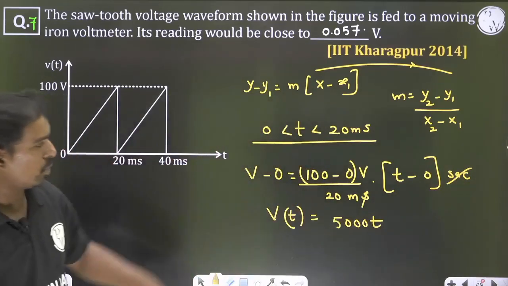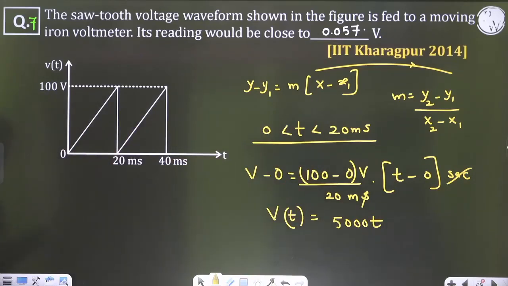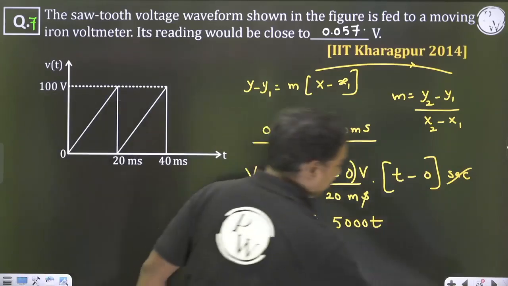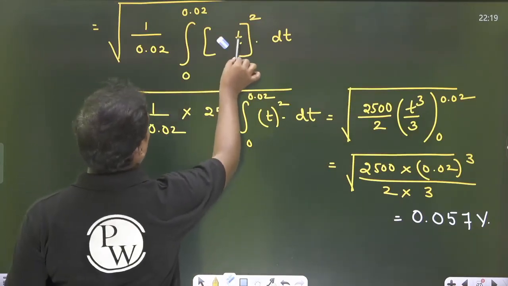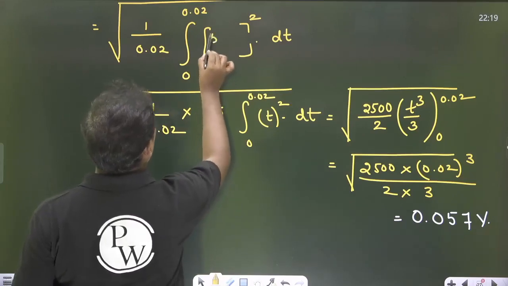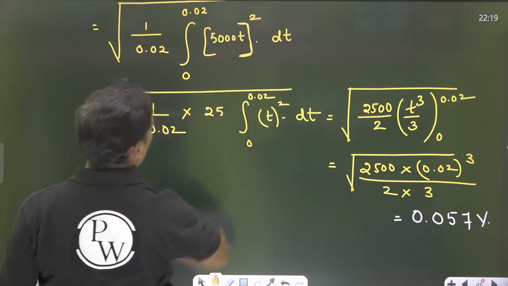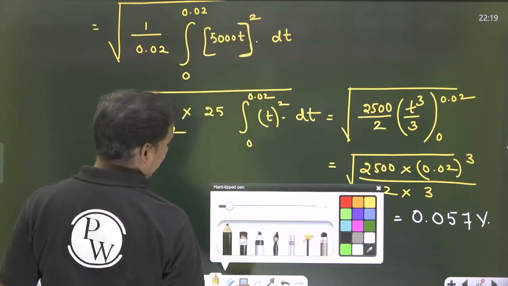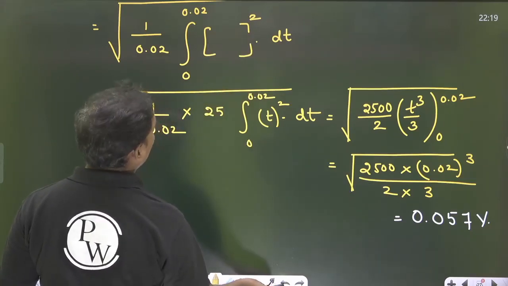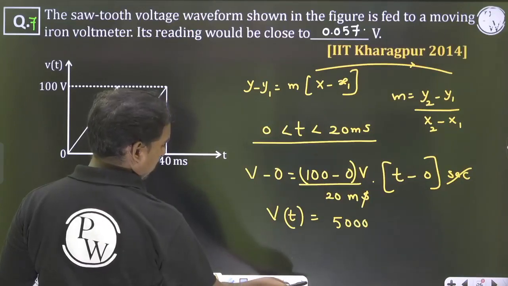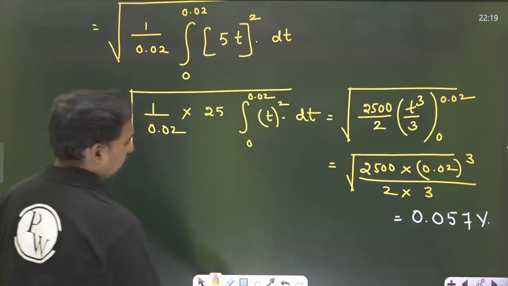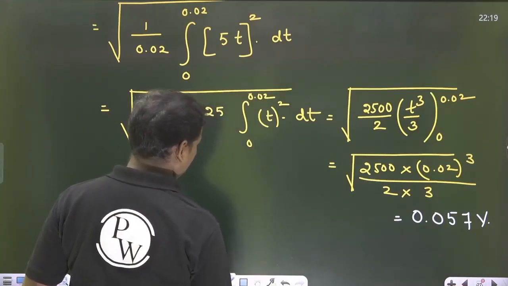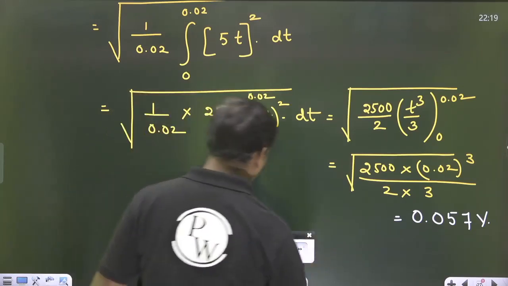I made a mistake: 20 into 10 power minus 3, so 100 by 20 milliseconds is 5000. Perfect. 5000 t should come here. Sorry, please make it 5000 t. This will be simplified now, the expression will be 5. Wrong.